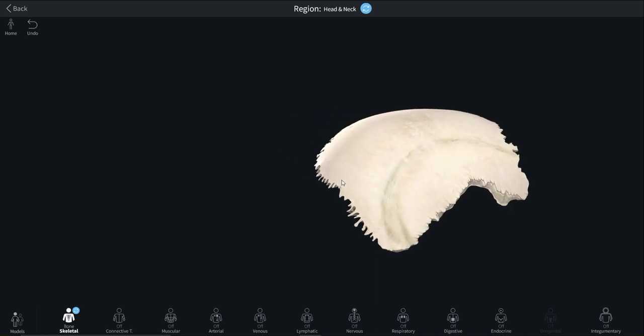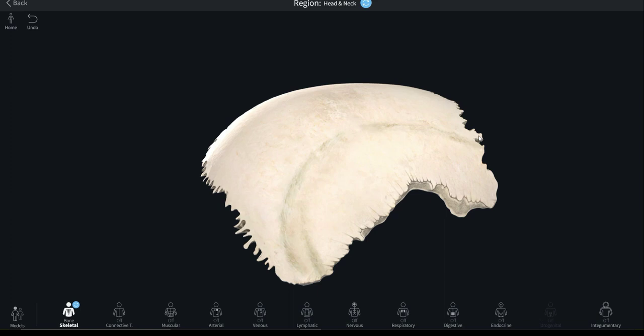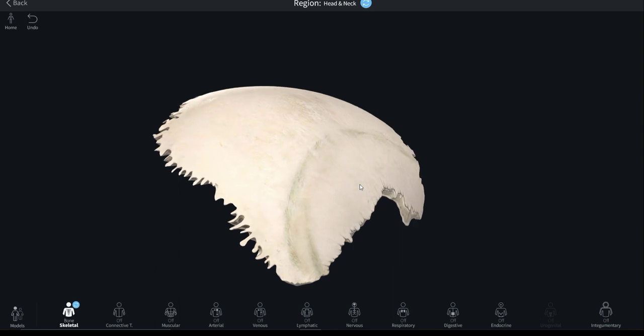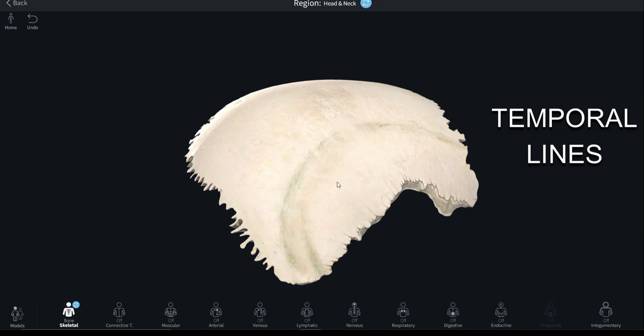Now, having dealt with the parietal tuber, let's move on to some more important landmarks. Very clearly, we can see two lines here. Can you see it? I hope you do. These two lines that are visible over here on the right parietal bone are what we call the temporal lines.